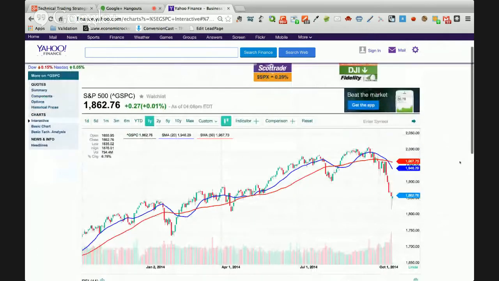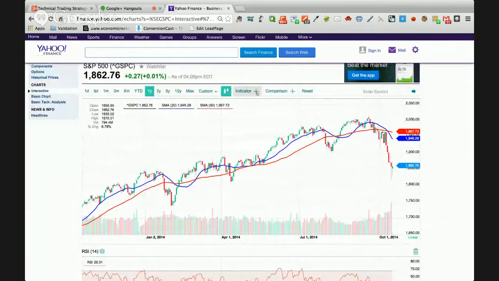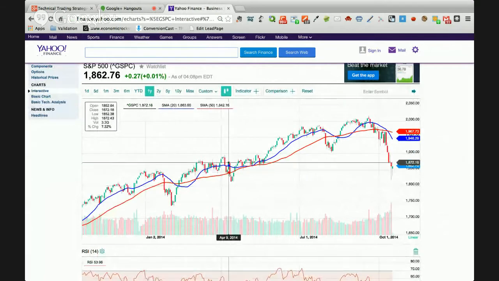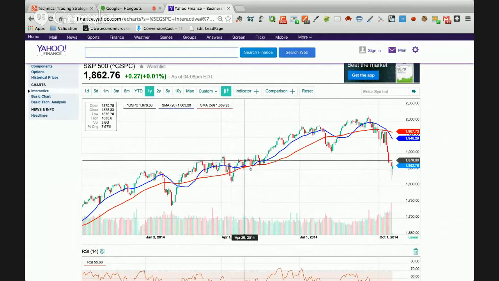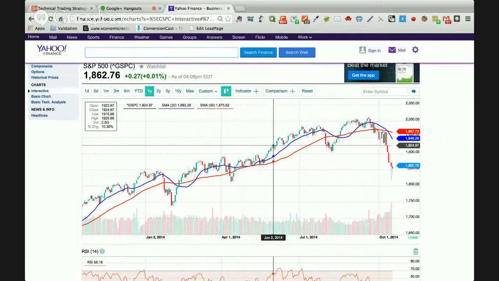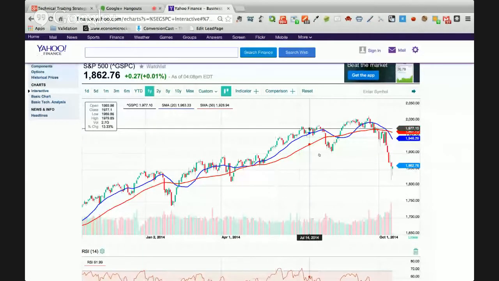At the moment I've changed the market line to a Japanese candlestick. For those who are quite new to Japanese candlesticks, the red bar indicates a fall in the stock market, whereas green indicates rising markets. You'll see some candlesticks that are longer than others.